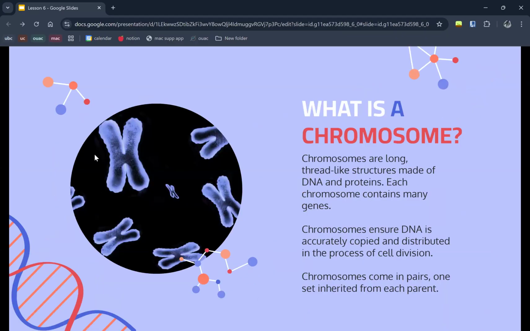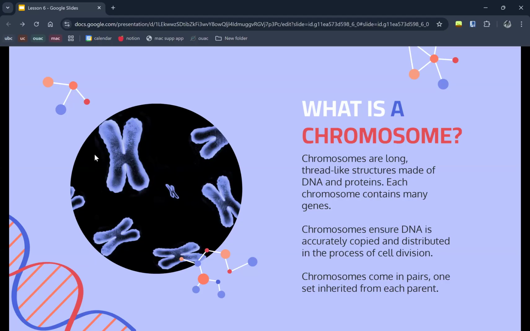Okay, so what are chromosomes? Chromosomes are long thread-like structures made up of DNA and proteins, and each chromosome is made up of many genes. The DNA in chromosomes is very tightly coiled and packed to fit within the nucleus, and this coiling is important for efficient storage and organization of our chromosomes.